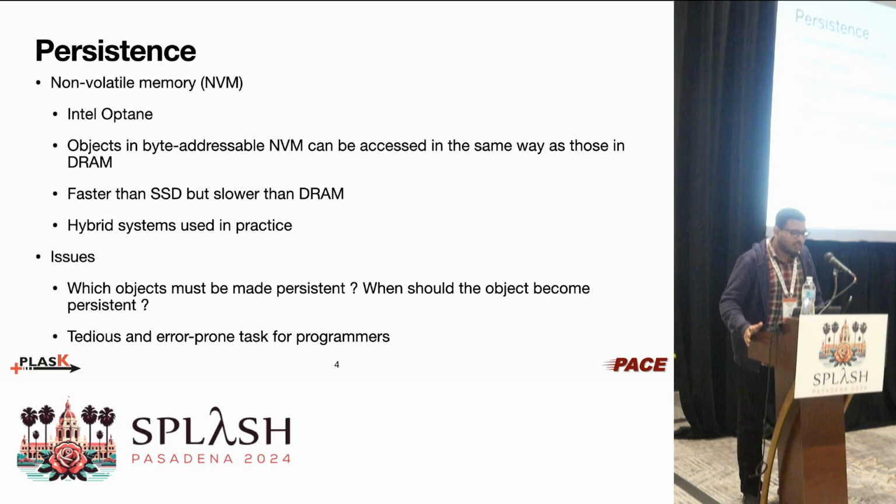But again, we face some issues with this approach, and the main issue is which objects should be made persistent and at what point these objects must be made persistent. All these decisions have to be taken by the programmer, and we all know how that goes.